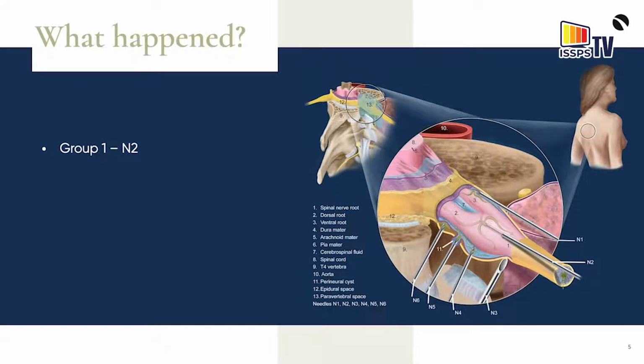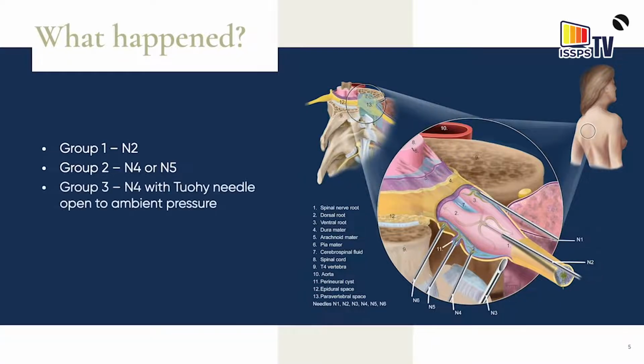The needles for the blocks in group 2 were placed subarachnoid at N4 or N5 and the CSF backflow was not noticed. The entire dosage of local anesthetic was then injected intrathecally deep to the arachnoid with immediate respiratory arrest due to total spinal block that lasted as long as the local anesthetic lasted.